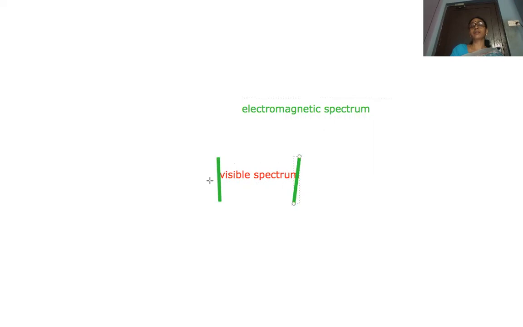In the visible spectrum you have violet, indigo, blue, green, yellow, orange and red. Violet has the least wavelength, around 400 nanometers. Red has the highest wavelength, around 700 nanometers.